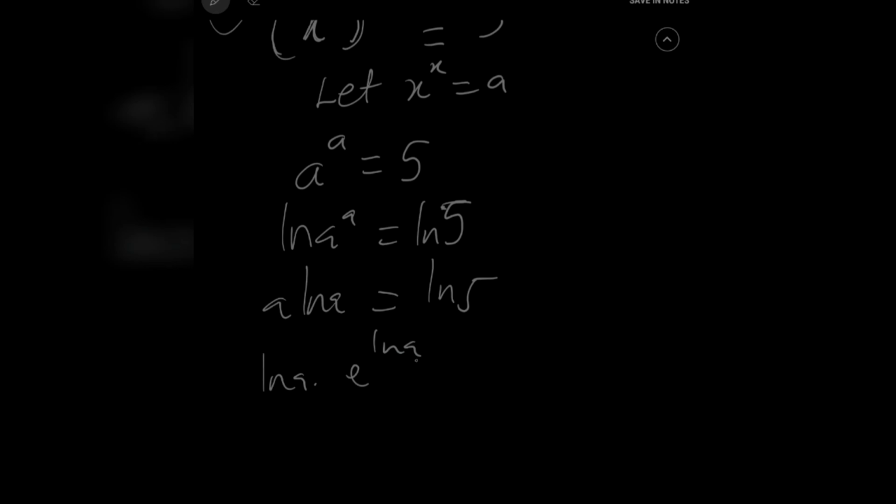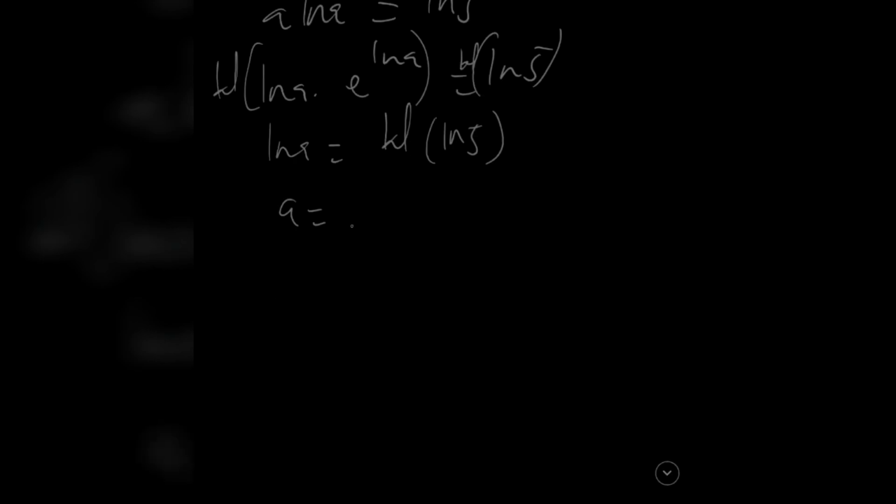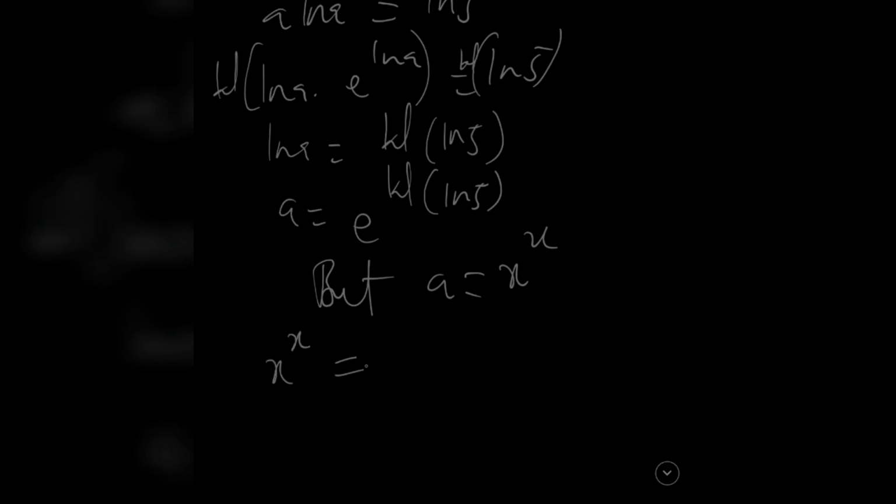I mean, the a is the same thing as this, equals this product log, we get this equals this, then a will be equal to e raised to the power of this. Okay, so this is a, but a is not what we are finding. A is equal to x raised to the power x, so x to the power of x will now be equal to this.